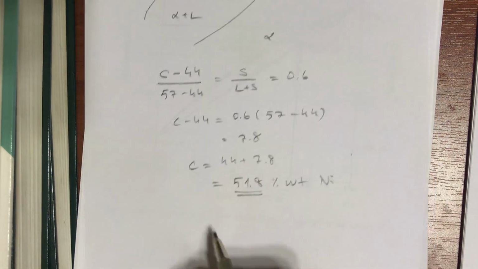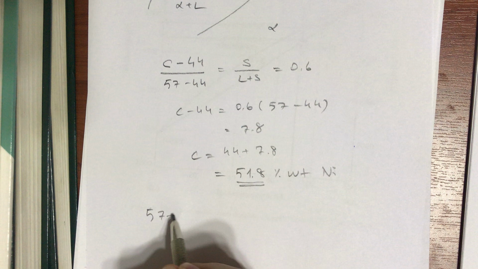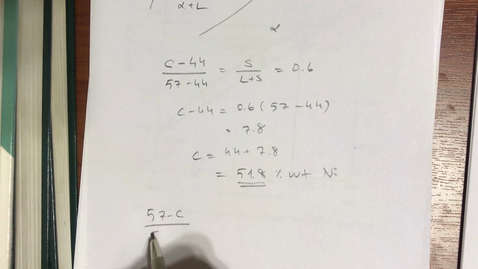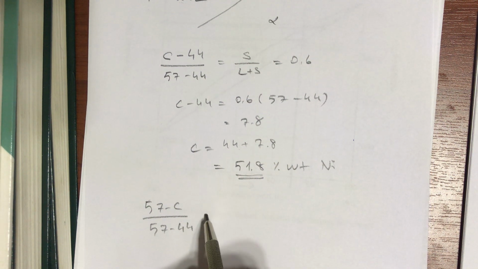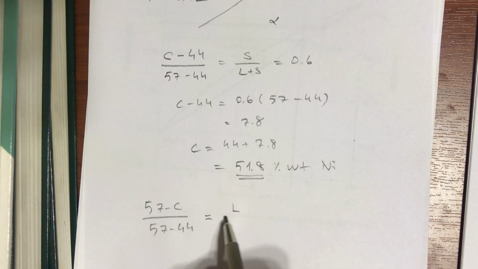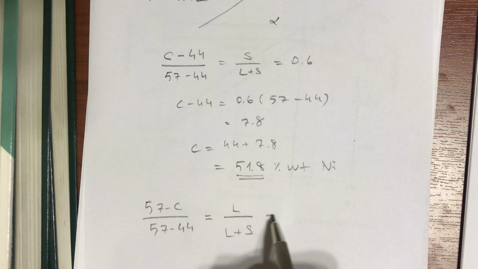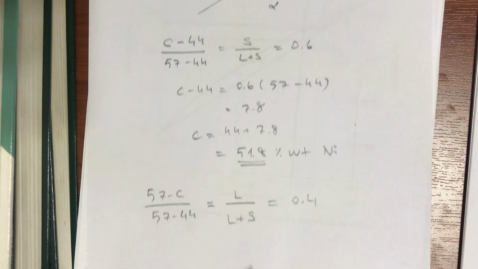If you do the inverse, 57 minus C divided by 57 minus 44, that gives you the amount of liquid, and that was 0.4.